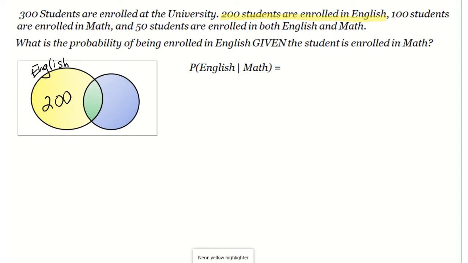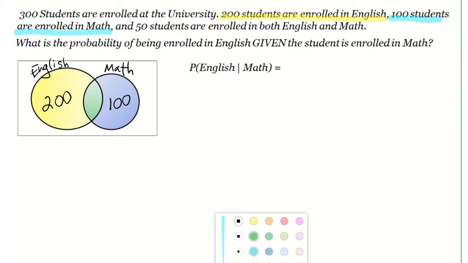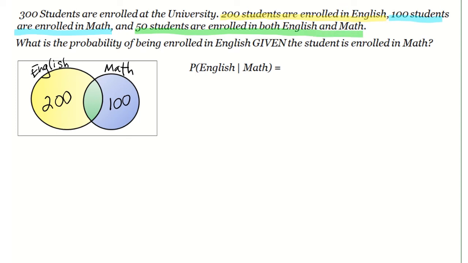Then we have blue, we have 100 students that are enrolled in math, so we'll put 100 and label the blue circle math. And then we have this green intersection for the students that are enrolled in both math and English, and we see that we have 50 students enrolled in both English and math. So that's going to be 50.